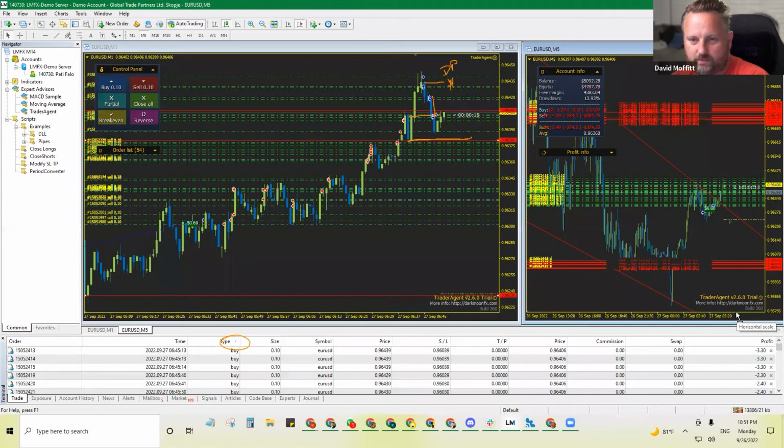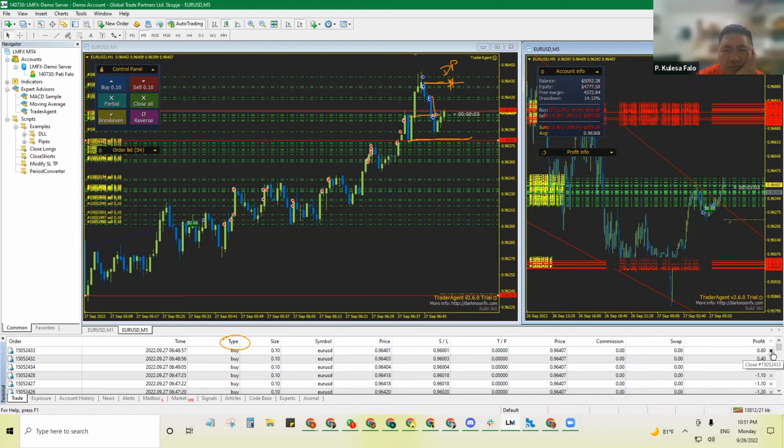All right, so as it comes up here, we're going to recycle these trades again. How are you closing your buys or your sells individually? Just by hitting the X down here.